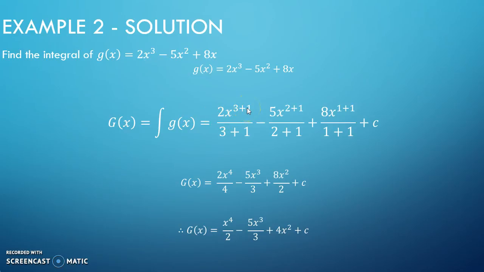We increase the index by 1 and divide it by the index plus 1. So for this one, 5x to the power of 2 plus 1 divided by 2 plus 1, and so on, and obviously don't forget your constant value. So hopefully when you had a go at it, you got x to the power of 4 divided by 2 minus 5x cubed divided by 3 plus 4x squared plus c.